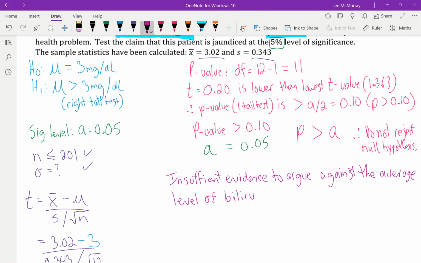Rough day. So there's just insufficient evidence to argue against that claim.